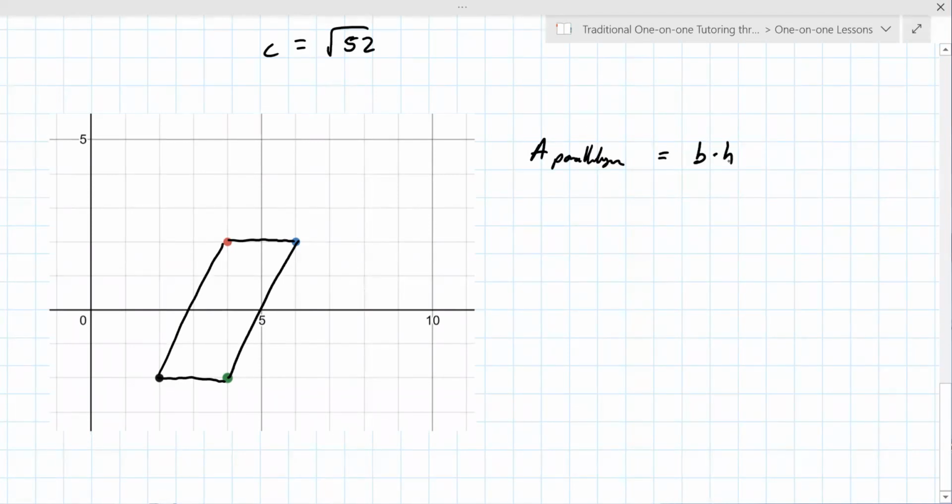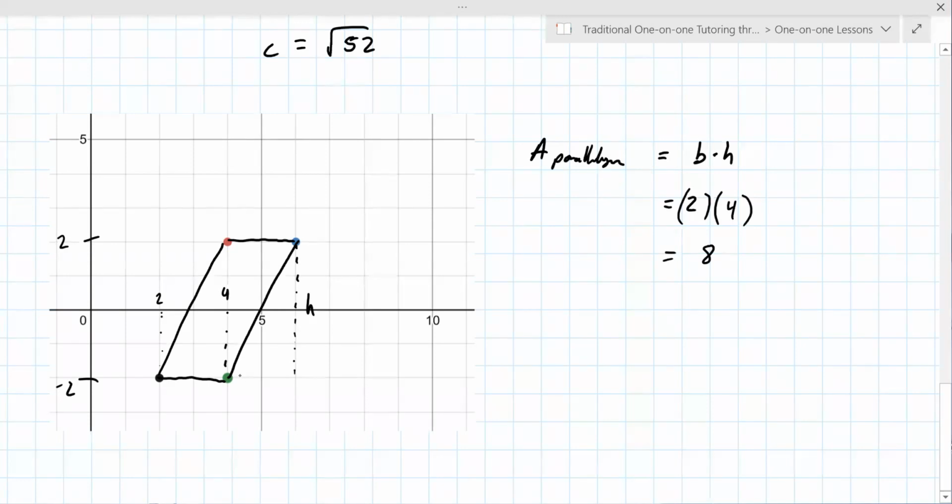The nice thing here is that the base goes from 2 to 4, so the base is 2 units. The height, normally we do triangle stuff, but you can actually just count it here. It goes from -2 to +2. So what's the height? That's 4. So the area is 8.